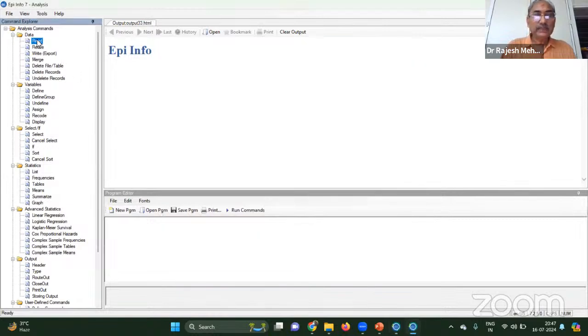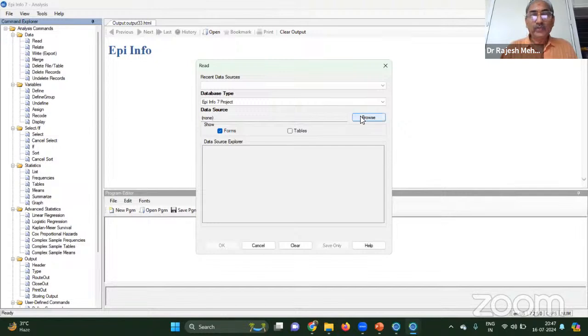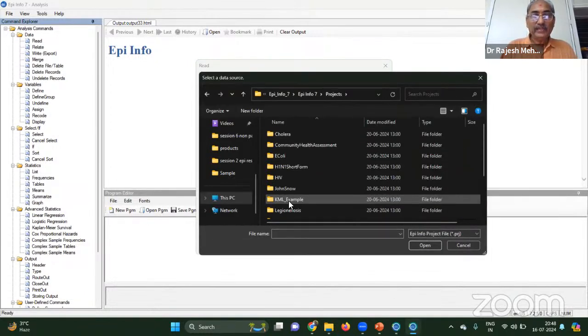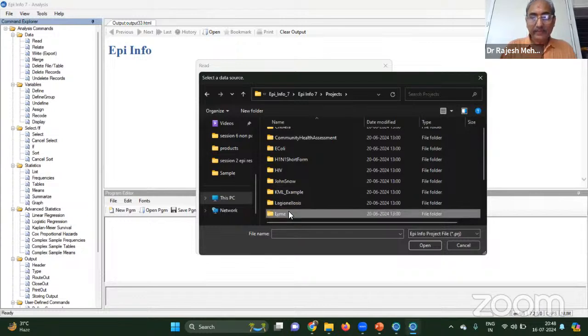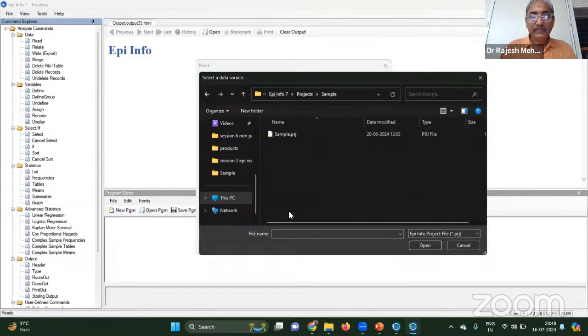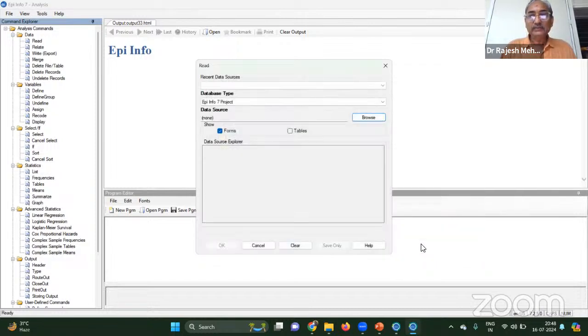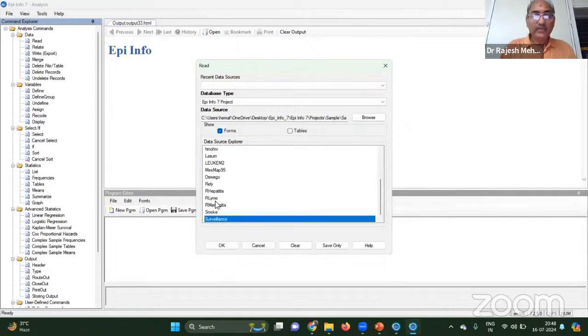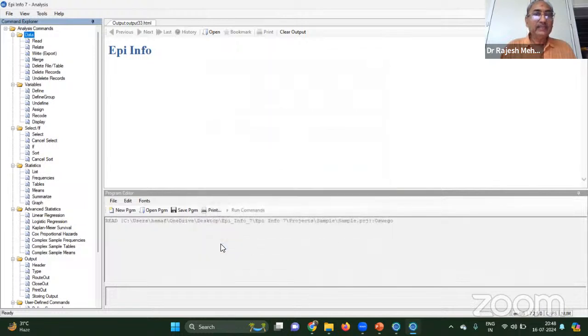We go for the Epi Info project file, projects, in that sample file. You select sample.prj. In that, there are so many tables; out of that project, you go for the Oswego file and then do the analysis.